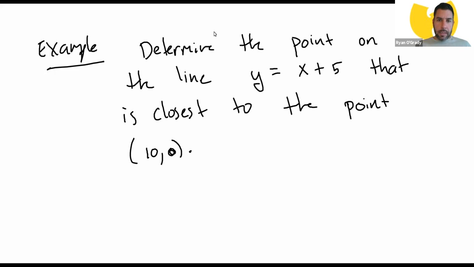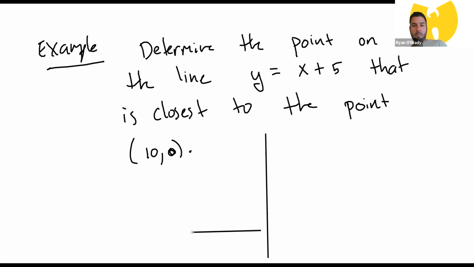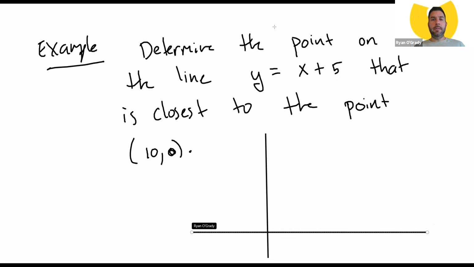What I'd like to do at first is draw what this looks like. I'll use the straight line tool. I'll draw my XY axis, and then a line, y equals x plus 5.